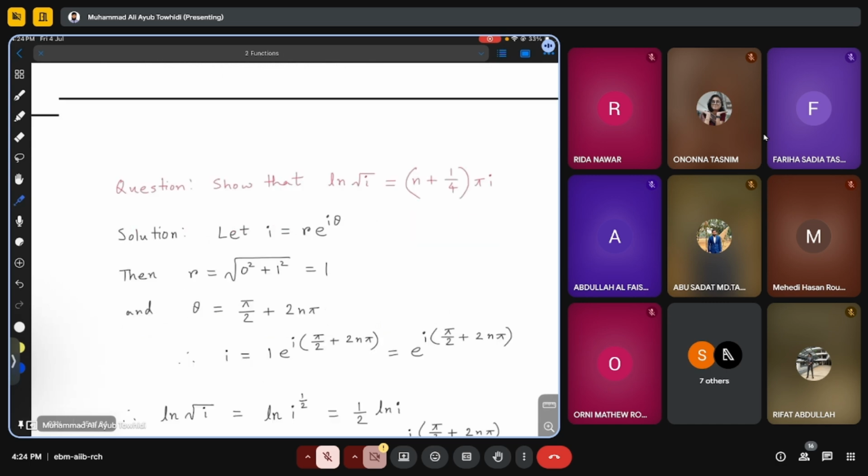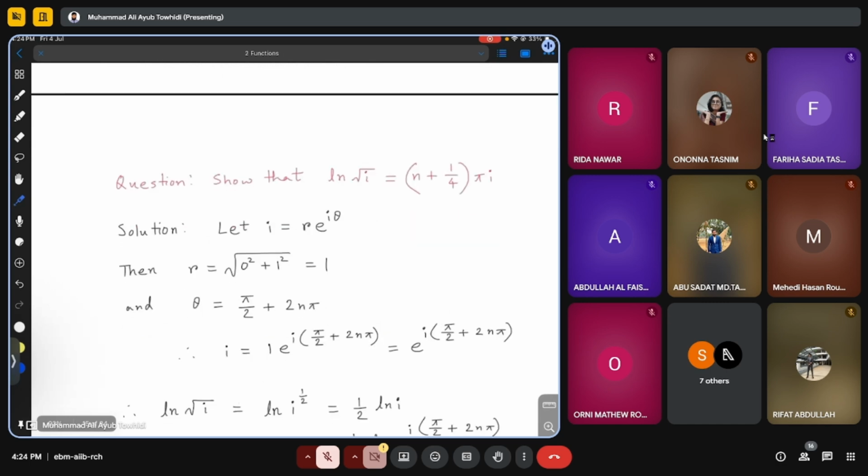Sometimes in the exam we see this type of question: show that ln of something equals something. You see, on the left side it is a logarithmic function, and on the right side there is no log, or maybe it looks a little different.